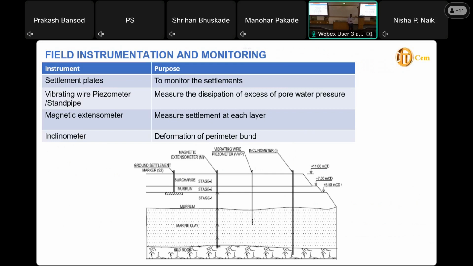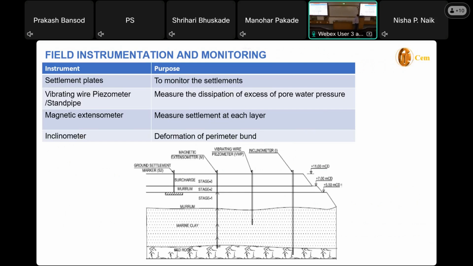What we did is, since the installation involves boring anyway, we did the boring from top to bottom, up to the refusal. Then we know the clay depth, and then we install at the middle. The bottom portion is filled with sand, so the drainage will come. So we know the middle: exactly the clay thickness divided by 2, we put it at the middle, and the bottom portion is filled with sand.